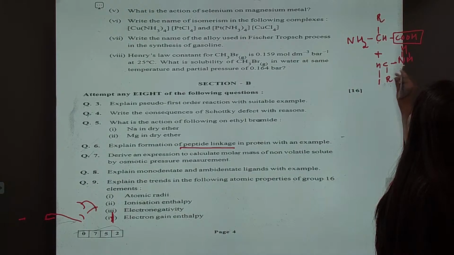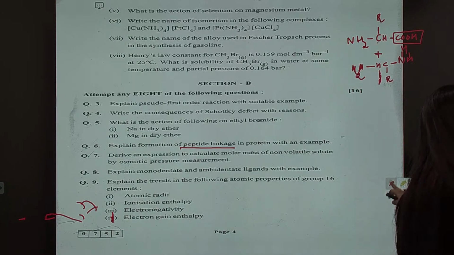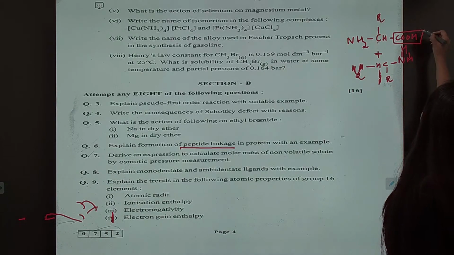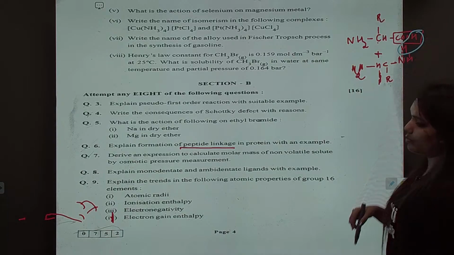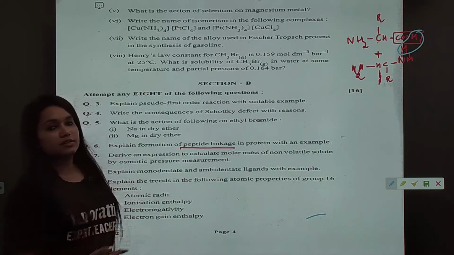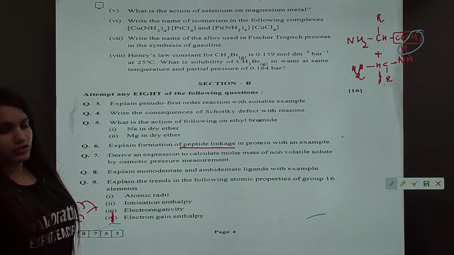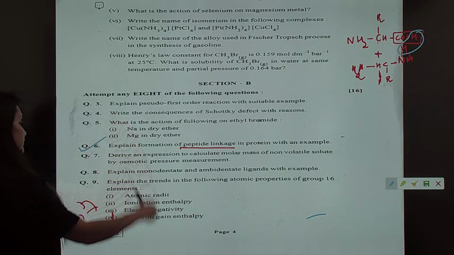You have R over here, and there we have NH2. Now I'm just going to remove water from here. So you simply remove water, and then a bond will be formed between these two alpha amino acids, and this kind of bond, students, is nothing but a peptide linkage. So we are done with this question as well.